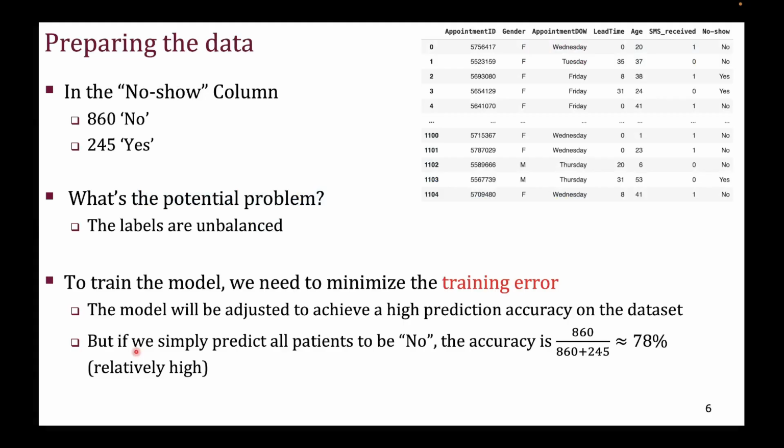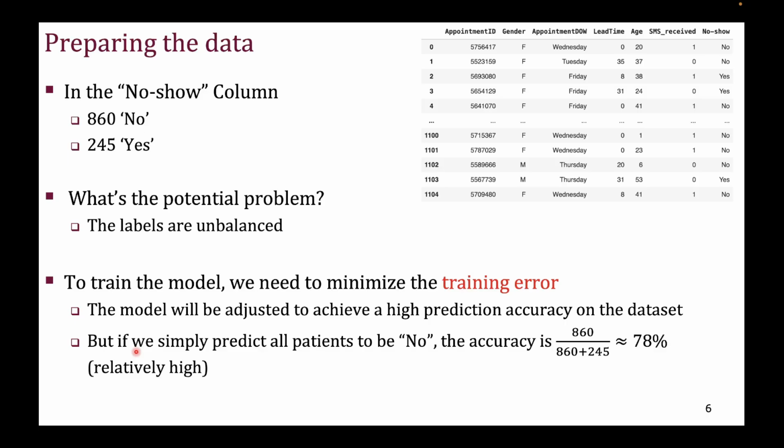And coming back very quickly to this problem, we want to minimize training error, but if there are so many more no's than yeses, imagine that the model can simply take a very simplistic approach. Let's say the model decides to label everything as no. Every time I give it a record, it will tell you that it's a no, the patient will not be a no-show.